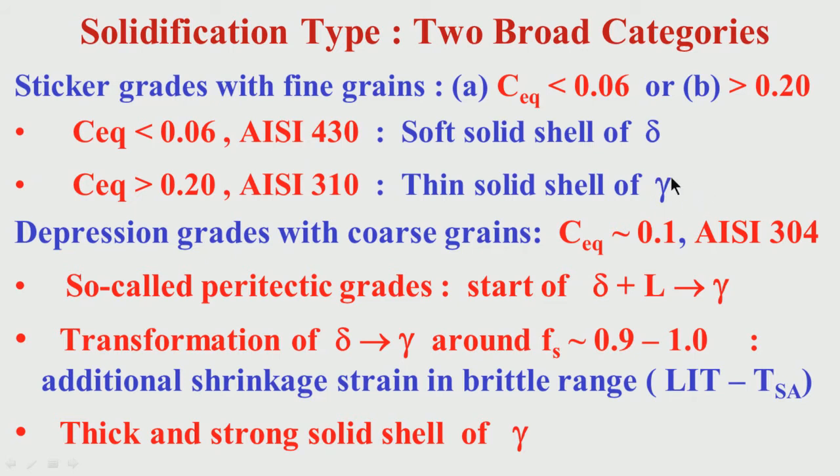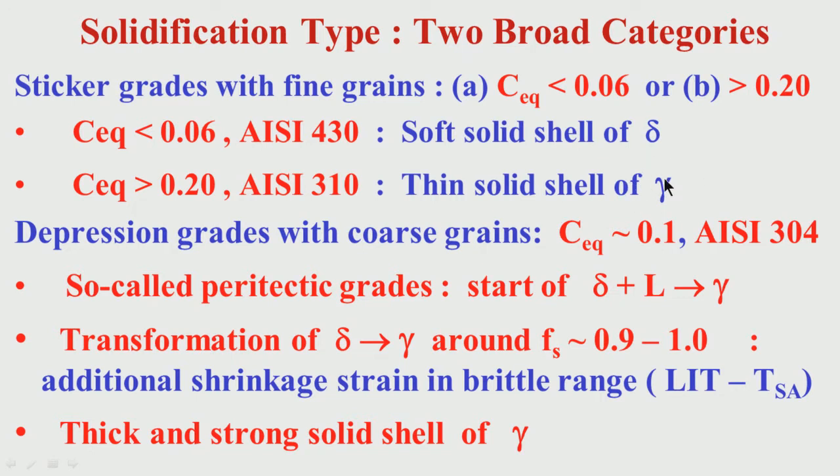Here it is austenitic solidification, particularly for carbon equivalent which is more than 0.5, or even when it is more than 0.2, initially it is delta ferrite, but then subsequently delta ferrite transforms to austenite at early stage of solidification itself. So, during solidification you have thin shell. Why is it thin? Because it is austenitic solidification.